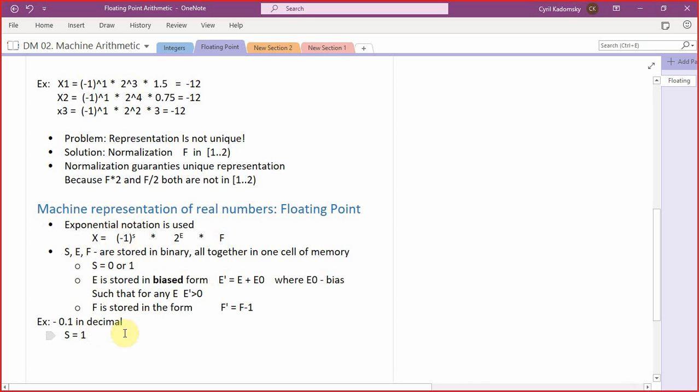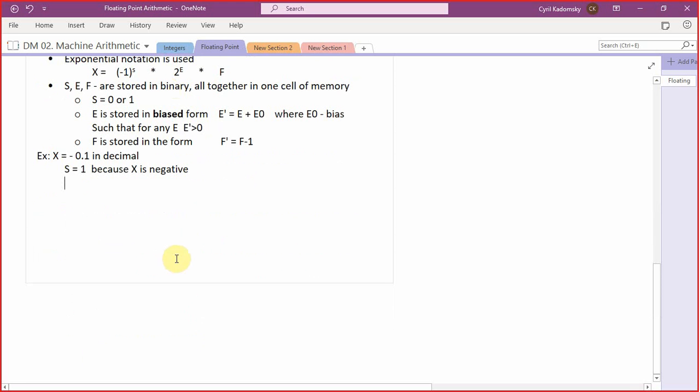Why? Because our number, let's call it X for shortness, is negative. So we need the sign equal to 1 to make it negative. This part is easy. The second part is the exponent. To find out the exponent, we must express our number in the normalized form.